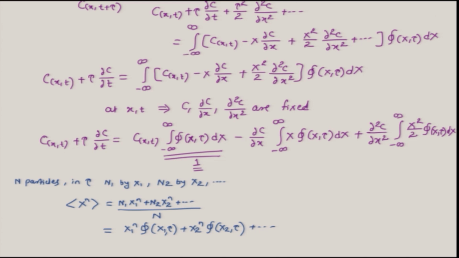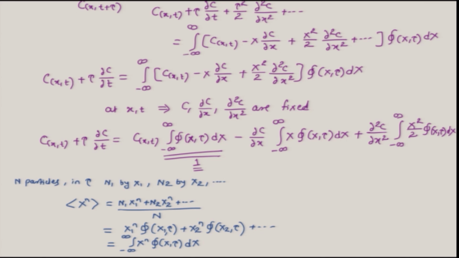And if x varies continuously, we can write this as an integral, x taking values from minus infinity to infinity, x to the power n phi of x tau dx, right. So, this gives me the values of other two integrals here.